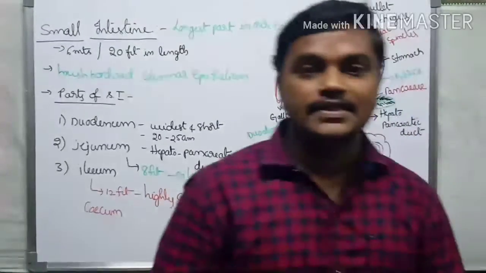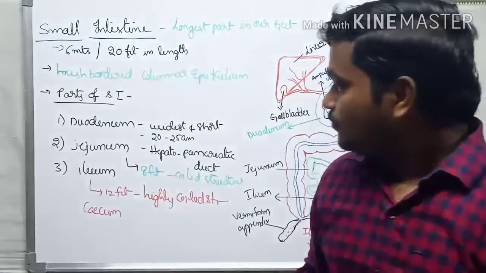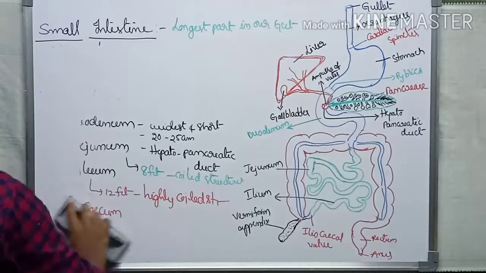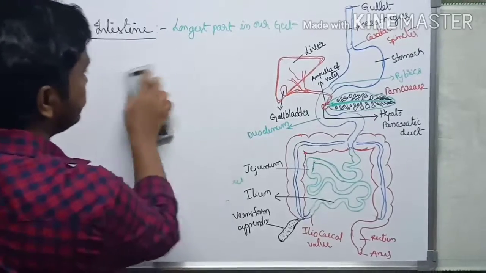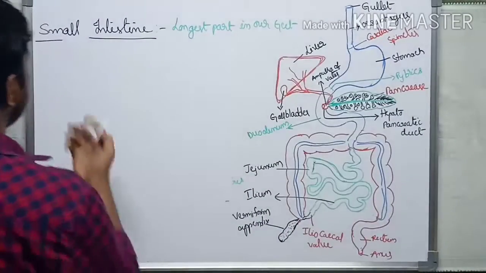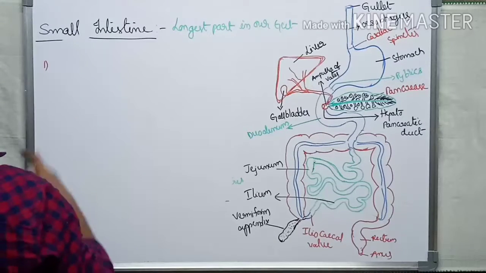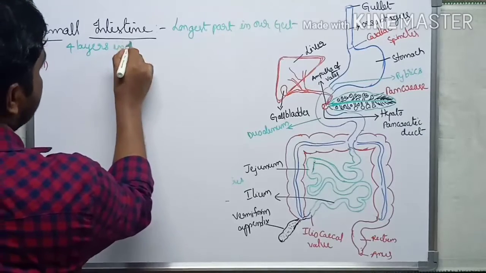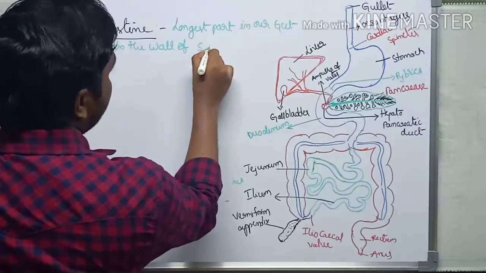Next, what are the layers present in the small intestine wall? Those are very similar to our gut region. There are 4 layers in the wall of the small intestine.